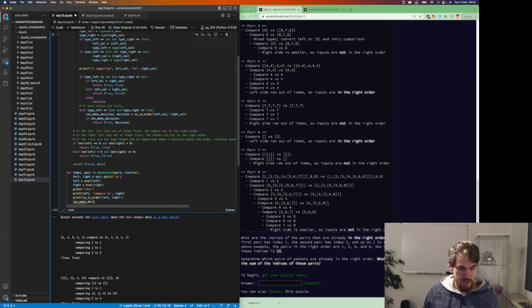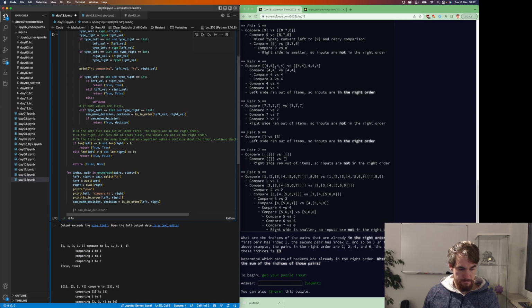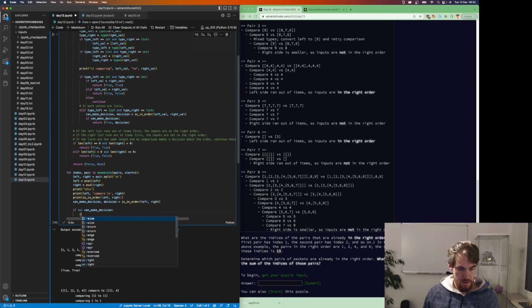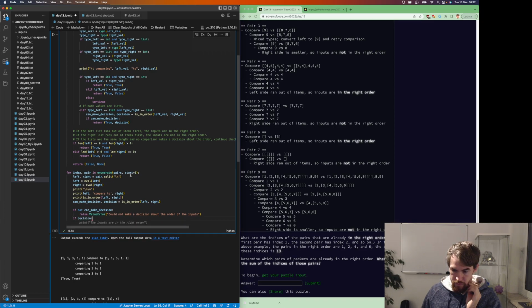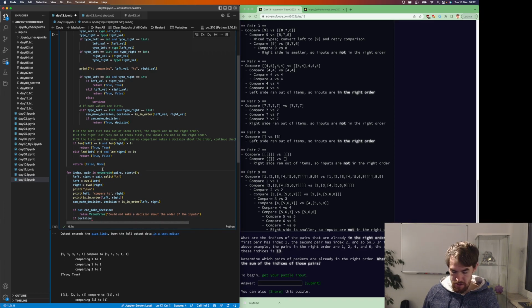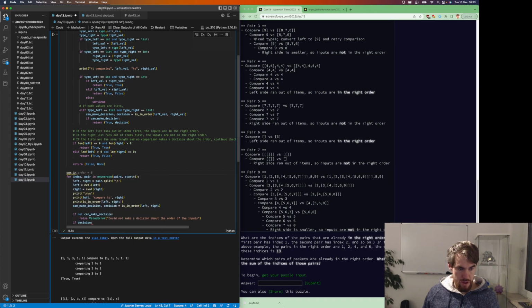Can make decision. Decision is in order left, right. If not, can make decision. Raise value error. The sum of these indices, sum in order is 0.